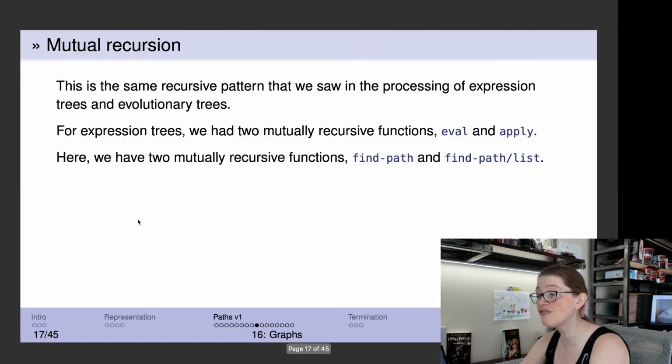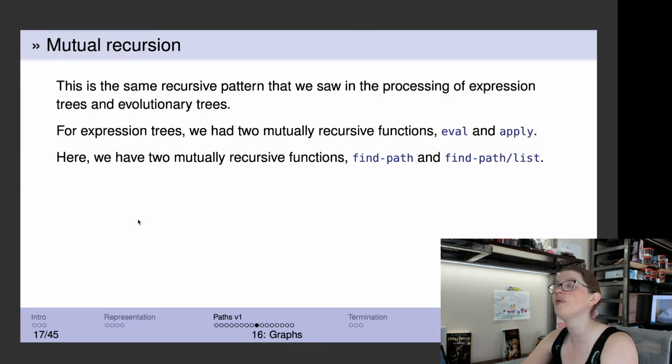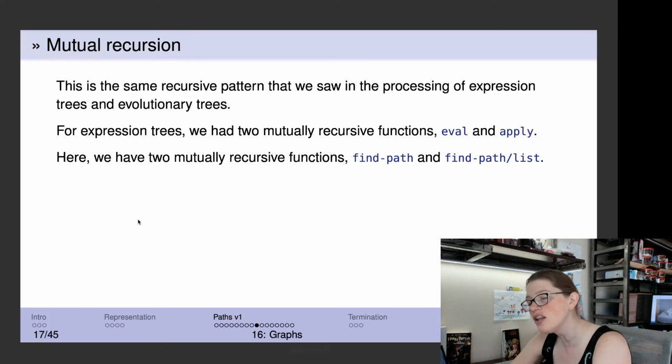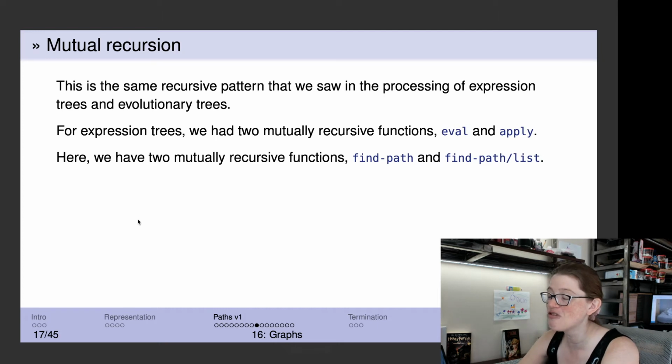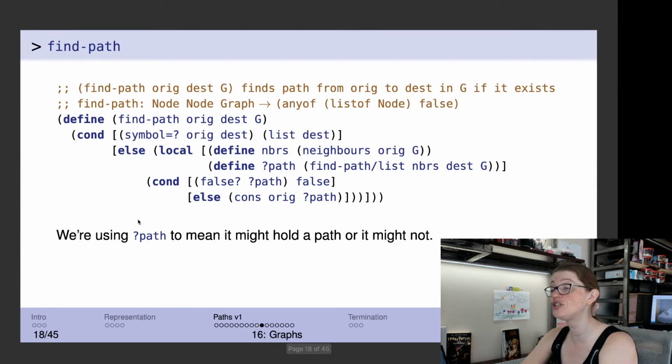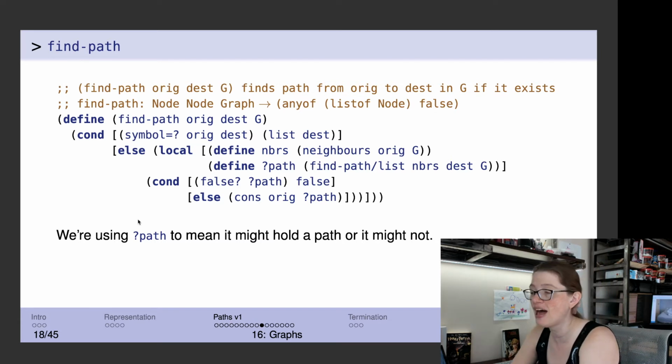And what you're actually going to find here is that we're going to be using mutual recursion. And this looks a lot like our finding a path in our evolution tree. Because remember, evolution tree, being a tree, is a graph. So there is going to be a lot of similarities between some of your tree algorithms and this find path algorithm. So without further ado, here is the implementation of find path.